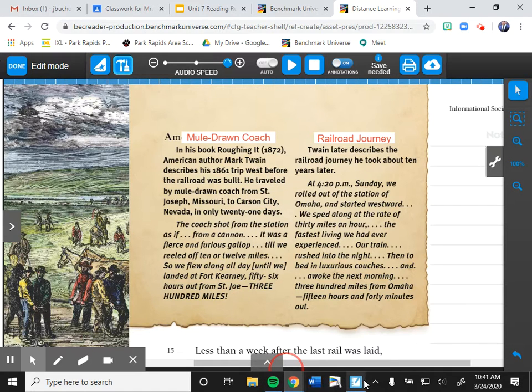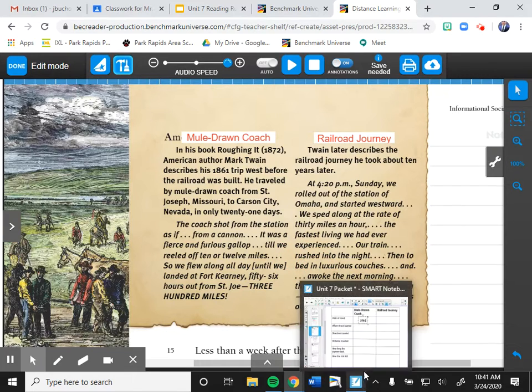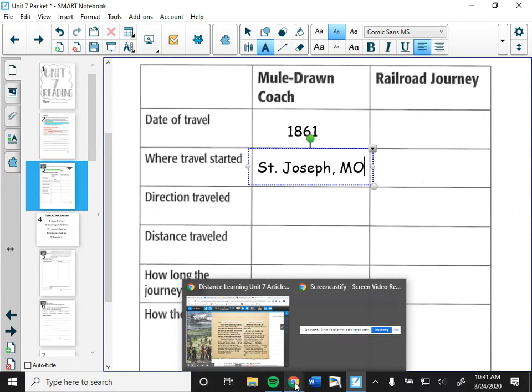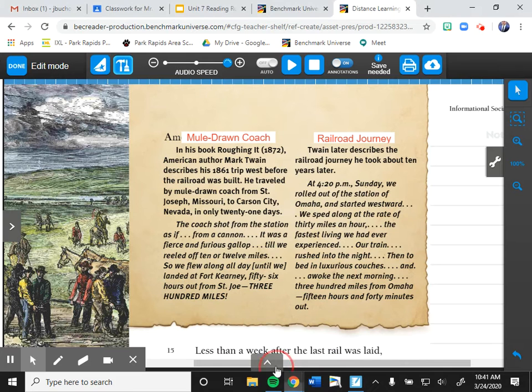I'm going to write that, and MO is the abbreviation for Missouri. For direction traveled, it is his 1861 trip west. So that would be his direction.